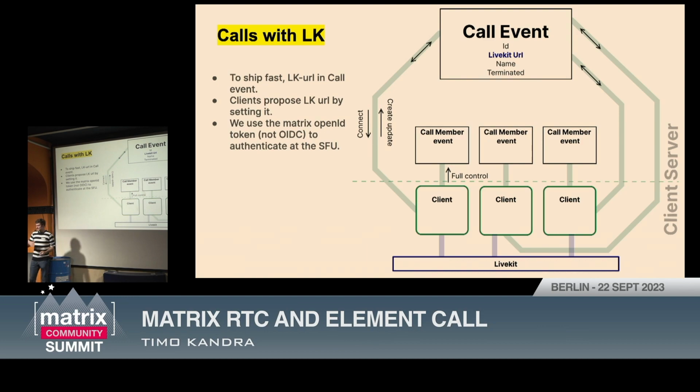And there's another cool thing which we could leverage from Matrix. The LiveKit SFU has an authentication system over OpenID tokens, so it can't be abused by other projects just using your resources. And those are not the OIDC thing Matthew presented this morning.